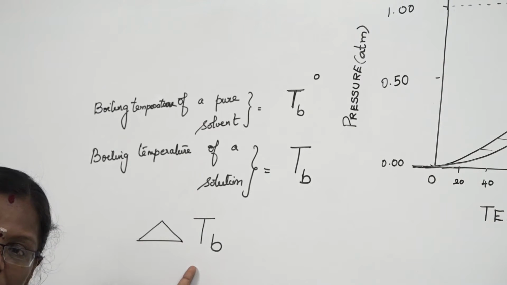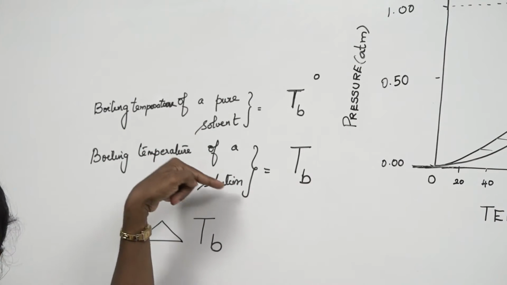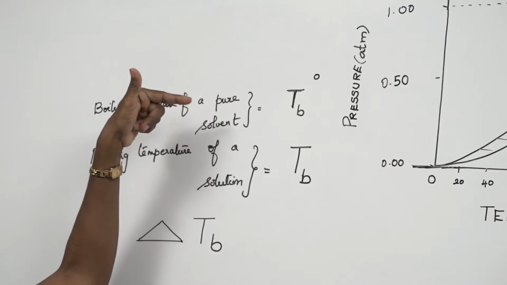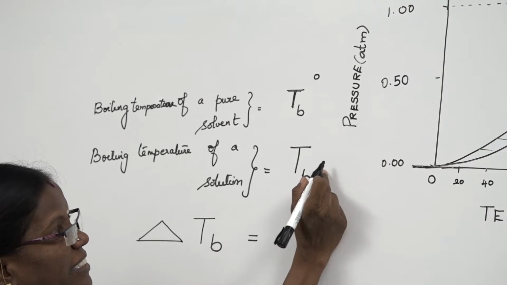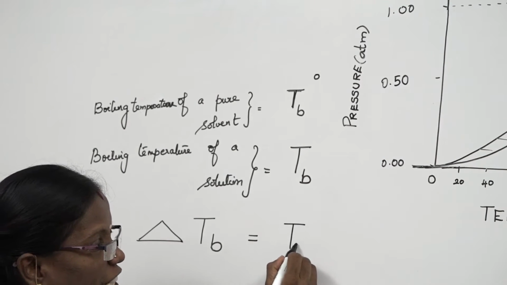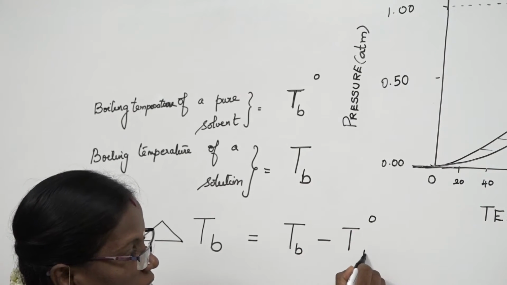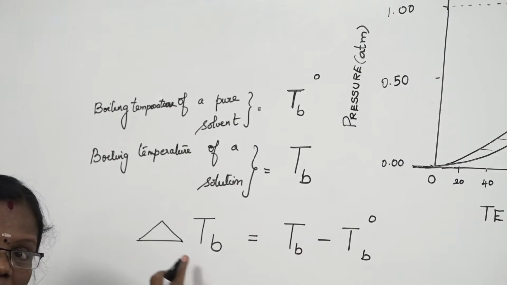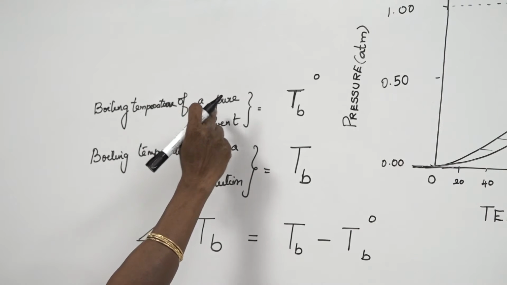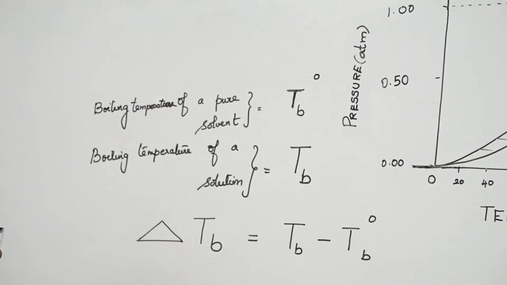It is the difference between the boiling temperature of a solution and the pure solvent. This is the higher one, so T_B minus T naught B.